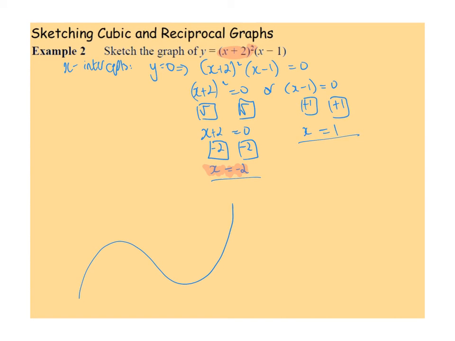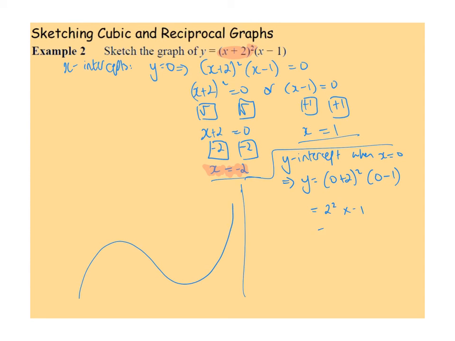I've just realised I haven't done the y-intercept, so let's just do that. So we get a y-intercept when x is 0, and x is 0 would imply that y is (0 + 2)² multiplied by (0 − 1), which is 2² times −1, which is −4.